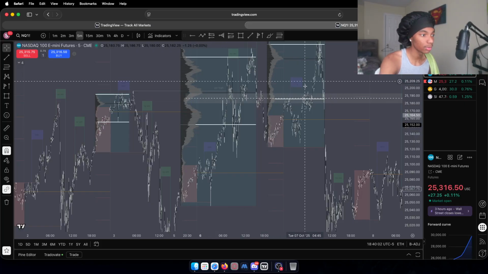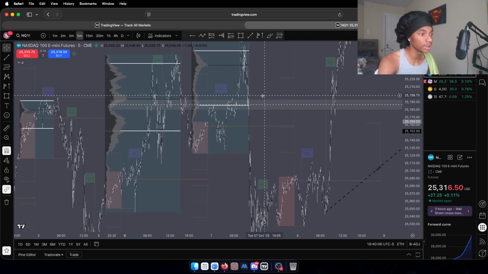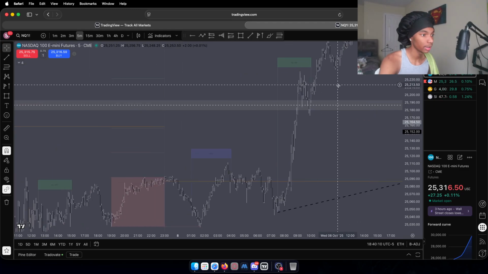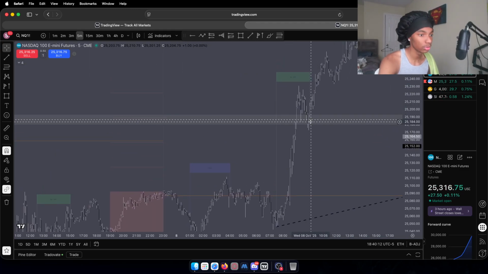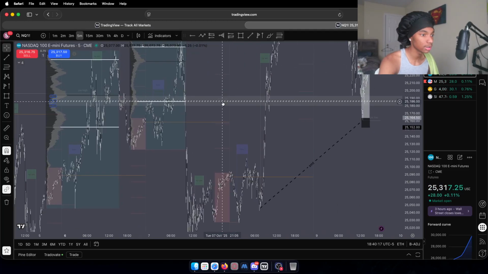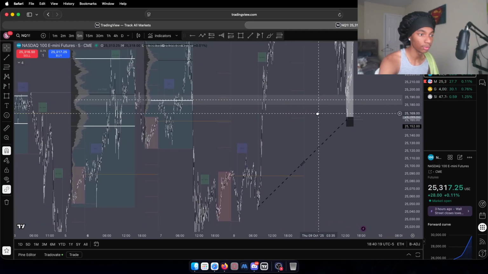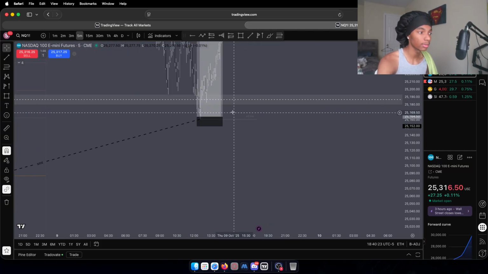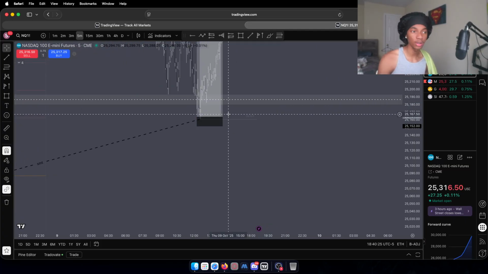Then on Tuesday we came back into this shelf and chopped again. So I knew this level was pretty prevalent. Even right here, we came through, bounced off of it, and pushed back up. So I knew this low right here would be pretty good, you feel me? So that's how I ended up calling this trade out for my class yesterday.